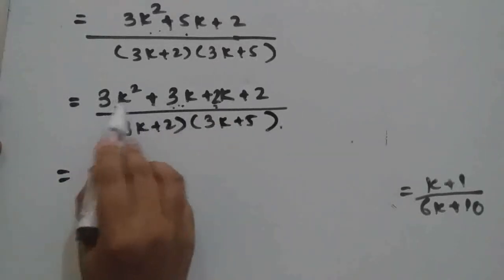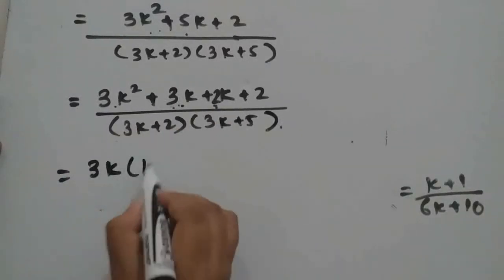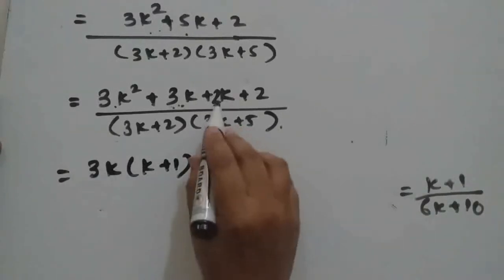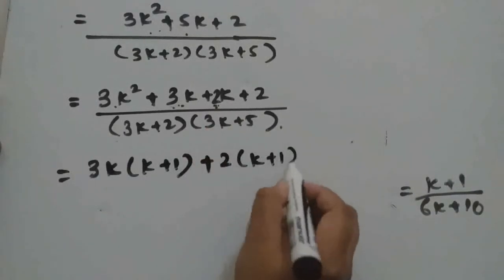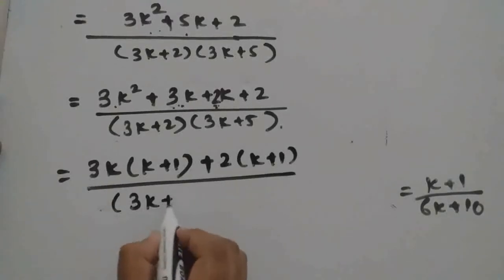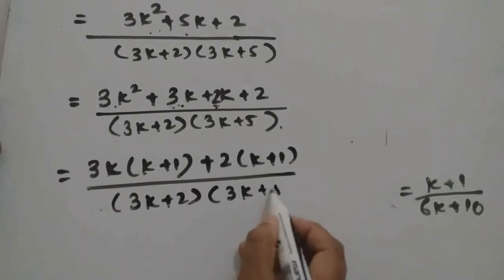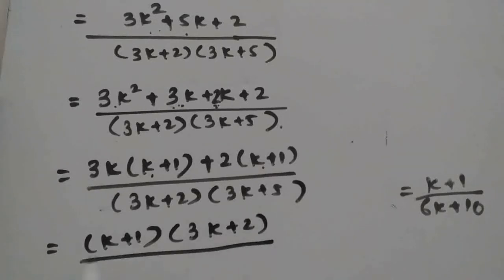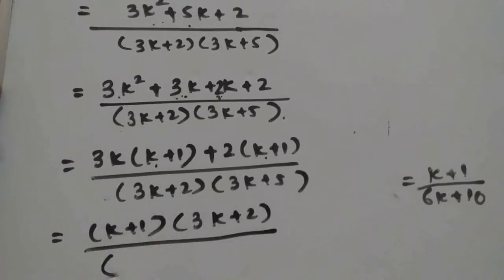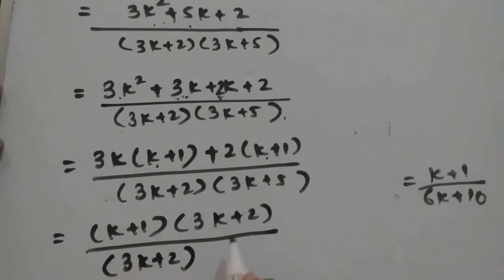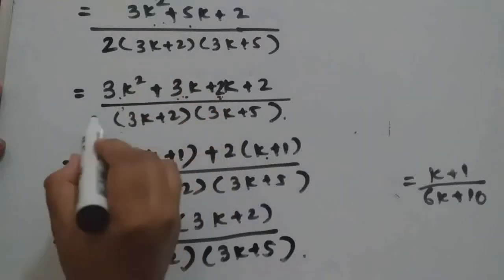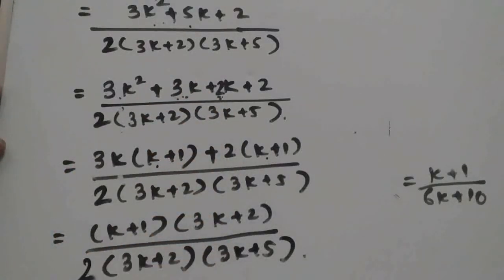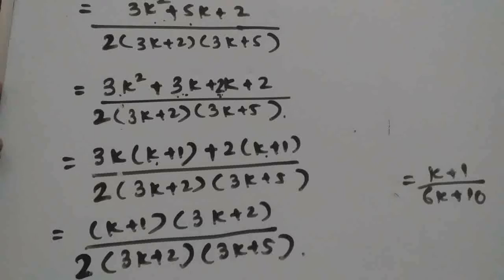From these first two terms 3k we can take common, k plus 1 will remain. From here 2 we can take common, k plus 1 will remain. So now the bracket k plus 1 will be common, 3k plus 2, and here 3k plus 2, 3k plus 5. 2 is already there, I took that 2 common.